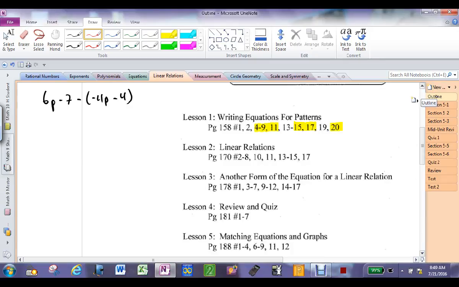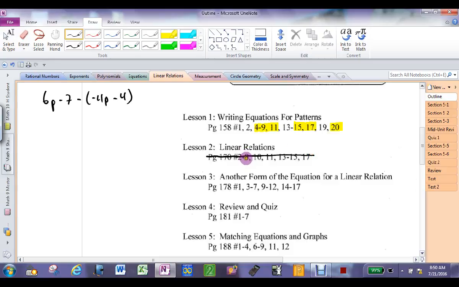You need to do, on page 170, get out the yellow highlighter. Can you grab me one, please? Thank you. I'm not going to be able to highlight, I'm just going to write it out. I don't want you to do all of 2 to 8, but I want you to do some questions in there.